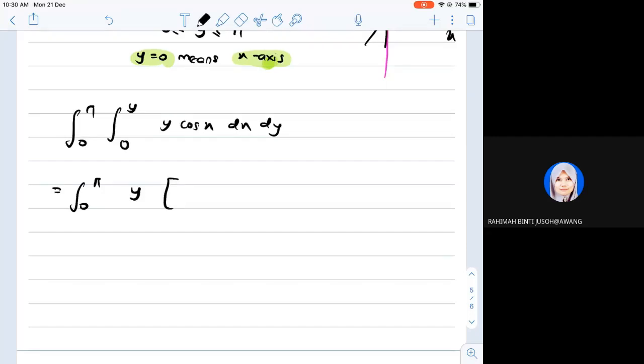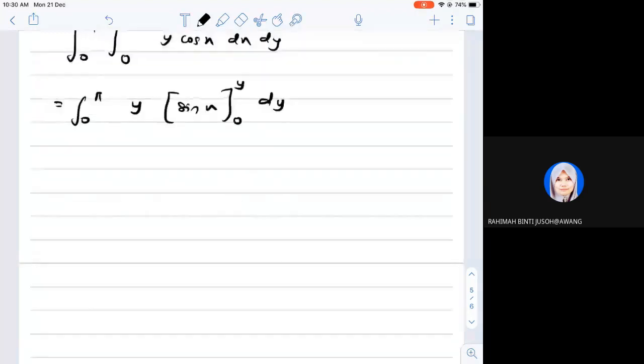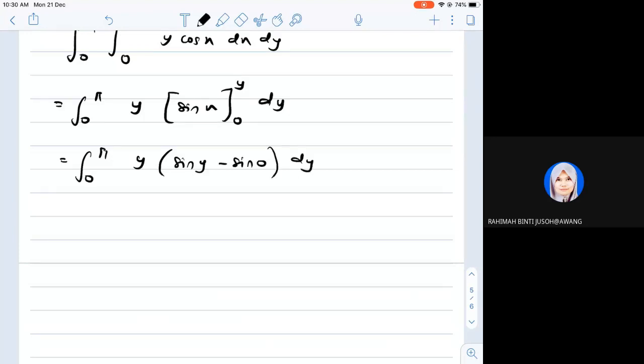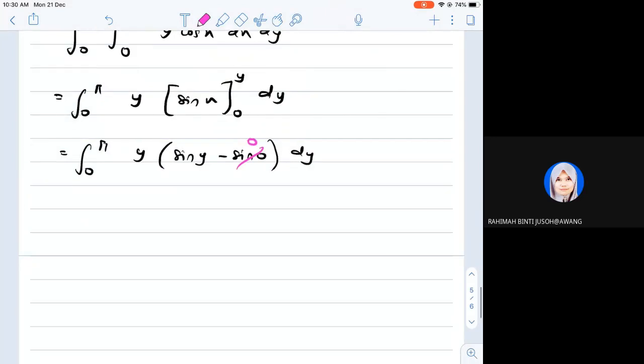Integrate cos, what should you get? Sin x. Sin x, yes. So substitute 0 and y dy. Okay, so we will have 0 until pi y sine y minus sine 0 dy. Of course, sine 0 is equivalent to 0. So we have y sine y.